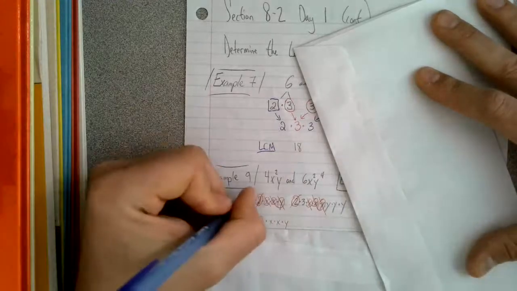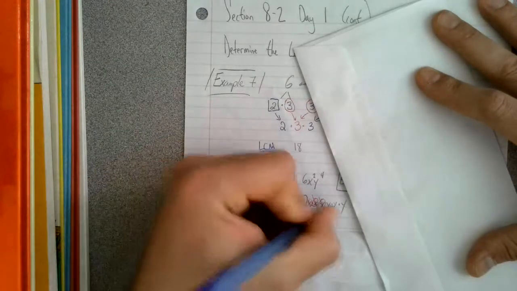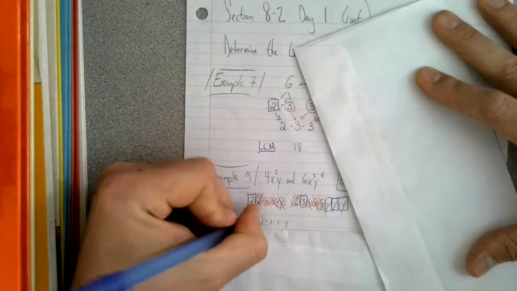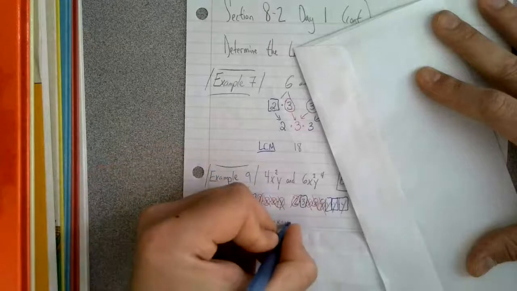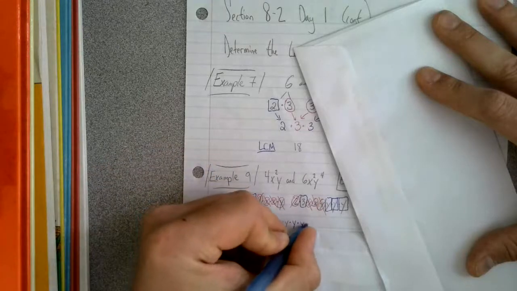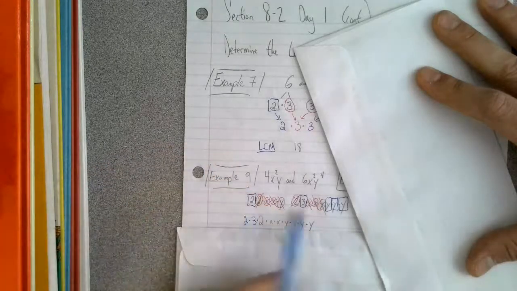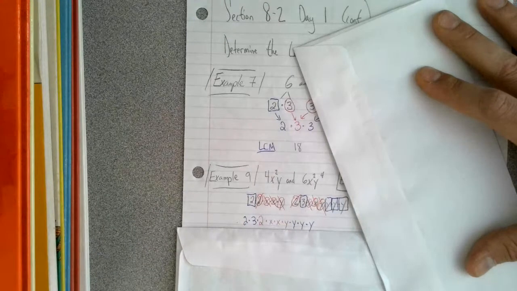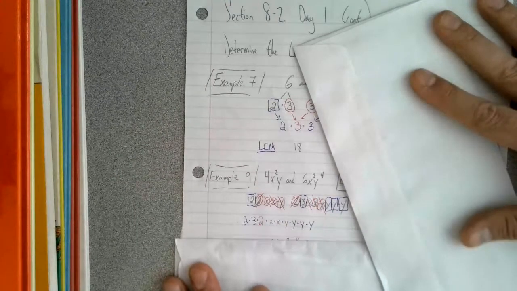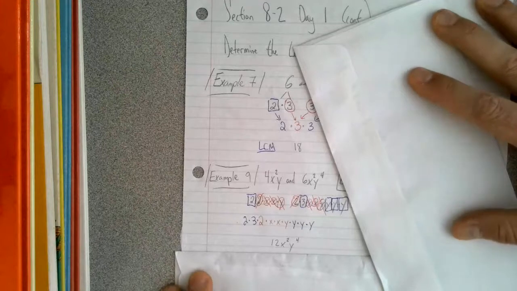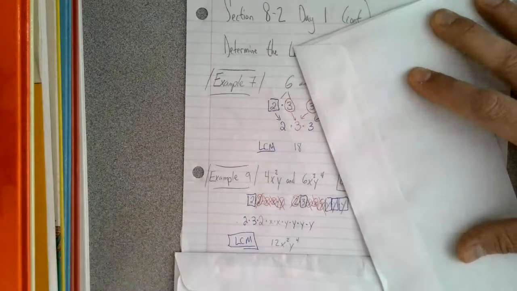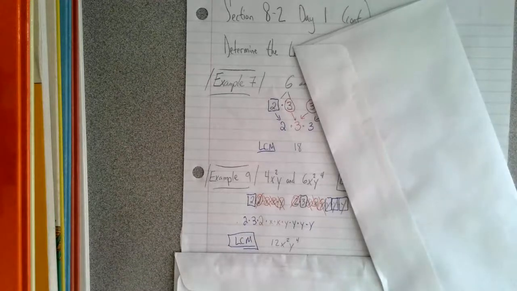Now that I've done that, I'm going to put a rectangle around anything that's left over and bring down each of those. Right, this 2 came down, this 3 came down, and these 3 factors of y came down. I'm going to put it all back together, 2 times 3 times 2, x times x, and so on. And that gives us a least common multiple of 12x squared, y to the 4th.